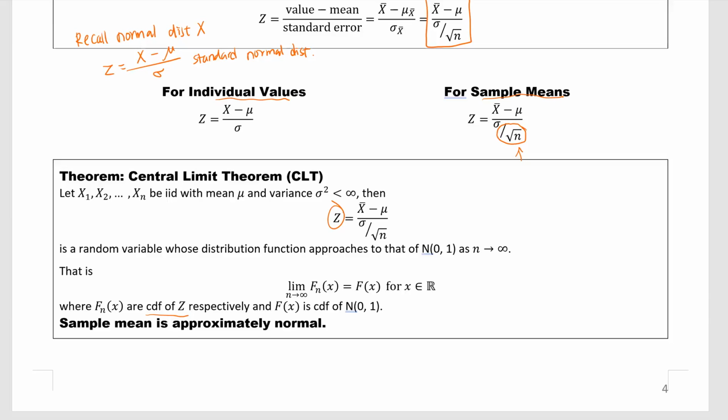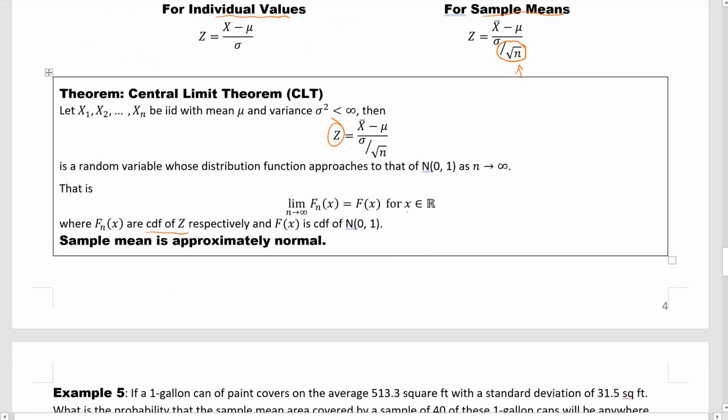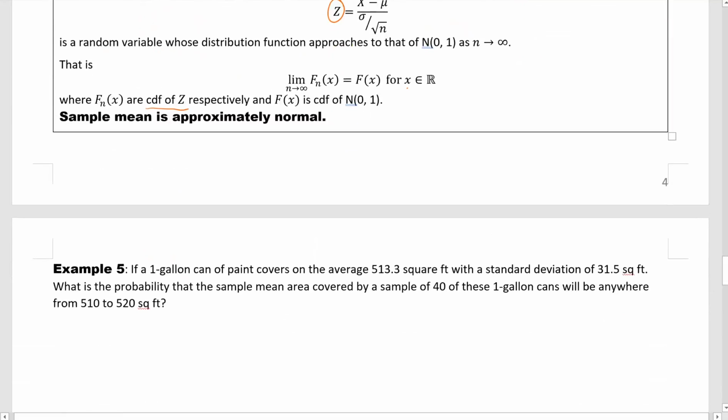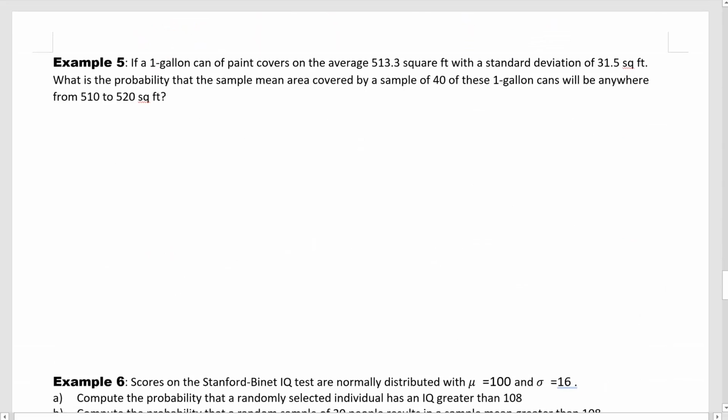Then this theorem tells us that for each value of x, when n goes to infinity, F sub n of x converges to F of x. So this theorem tells us that the sample mean is approximately normal when n is large. Okay, everybody? Let's see how we compute an example using this theorem.